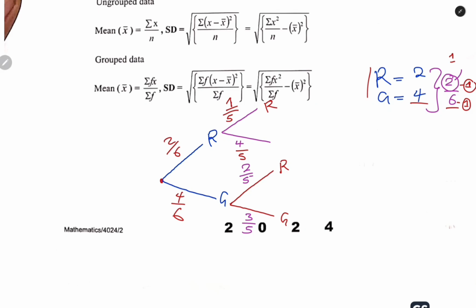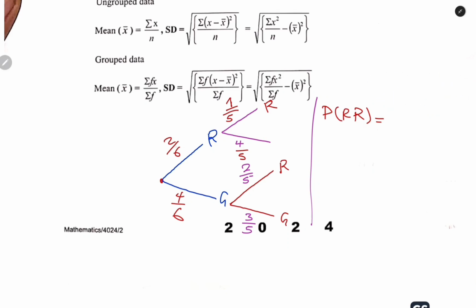So this is the information illustrated on the tree diagram. But we can find the possible outcomes in preparation for the second question. So here, what is the probability of picking red? The probability of red is equal to, so you multiply the red and the red. 2/6 multiplied by 1/5, which is the same as 1/3 multiplied by 1/5, which is 1/15.